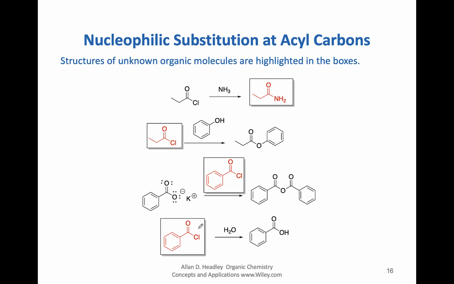So here come the answers. This molecule here again is a good leaving group. React with ammonia to give the amide bond. So this is the product. This is the reactant, acid chloride, leaving group, nucleophilic atom, reacts right here. That leaves to give this as the product that was given. As we said, this is the anhydride. This is the nucleophile. Here's the nucleophile. So therefore this has to be the reactant, the acid chloride.